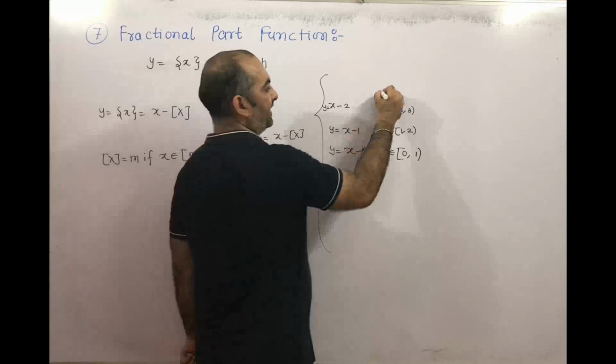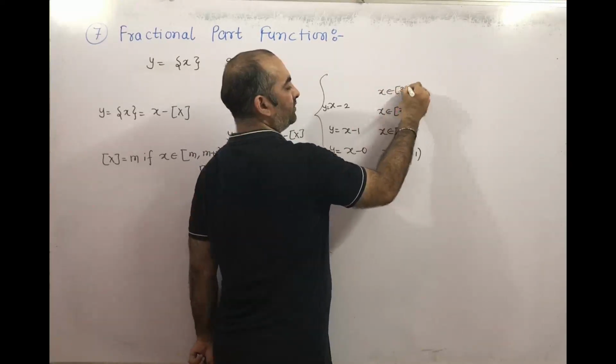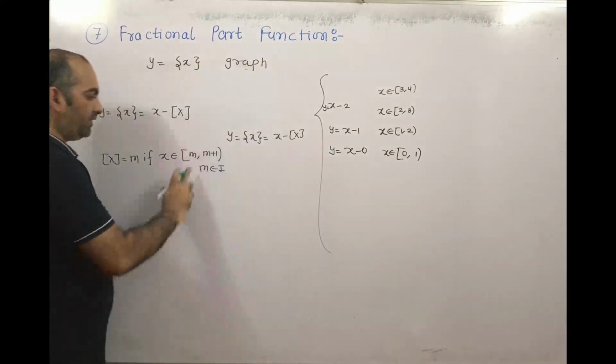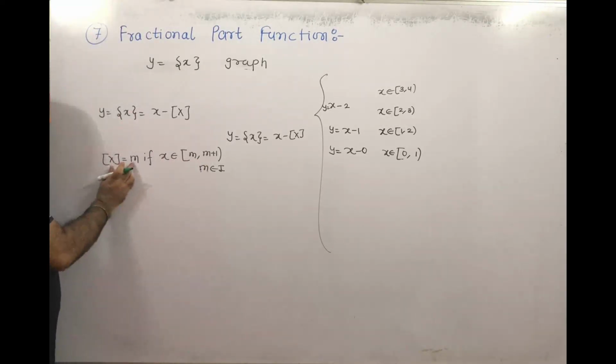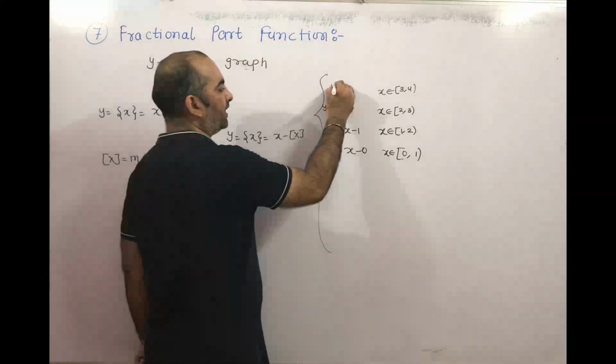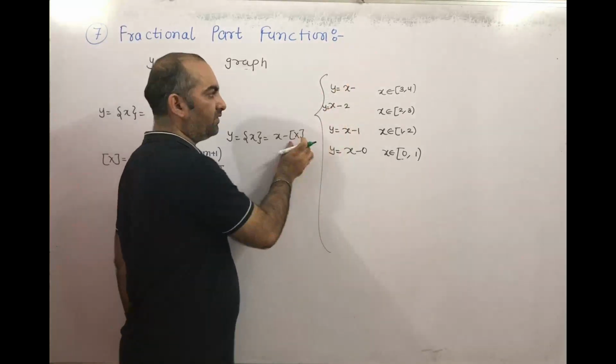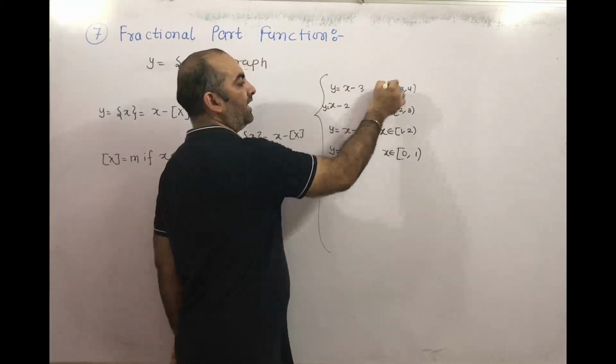If x belongs to 3 to 4, m is 3, the greatest integer is 3, so y equal to x minus 3, and like that it will continue.